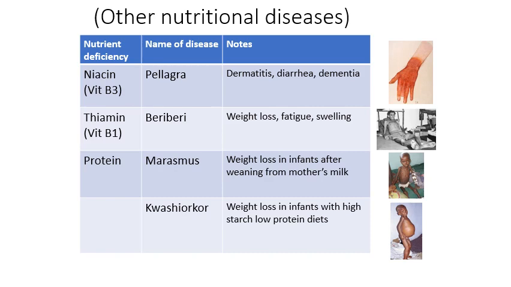Vitamin B1 deficiency causes a disease called beriberi, which causes weight loss, fatigue, and swelling, quite common in the tropics where we are at the moment.